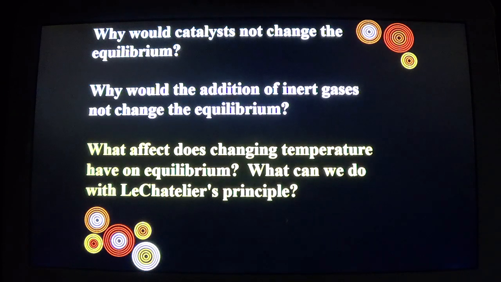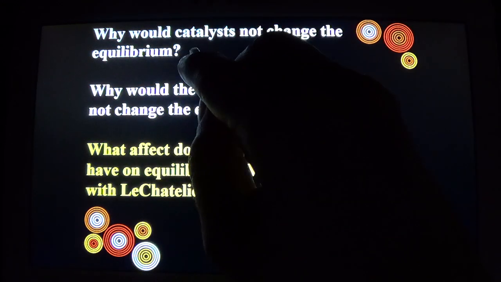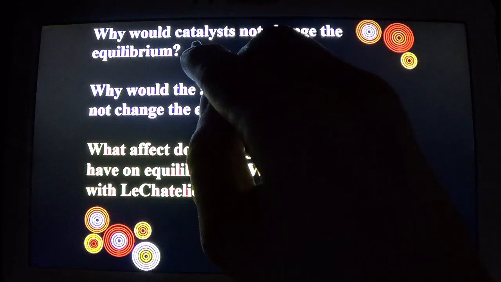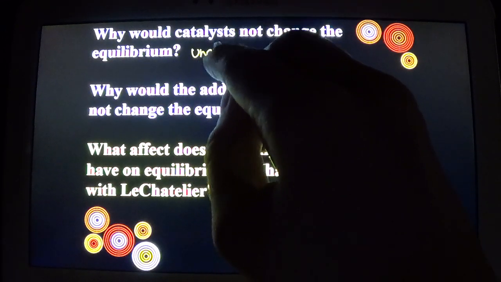Okay. Why would catalysts not change equilibrium? They like to ask this question, or within a series of questions, which of the following would not be affected by a catalyst. Well, let's talk about that. What's our definition of catalyst? It's two parts. It might be involved in the reaction, it could be involved, but it is unchanged.